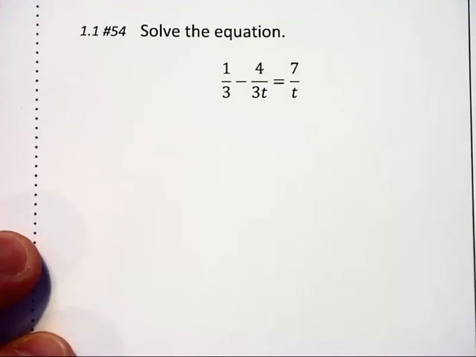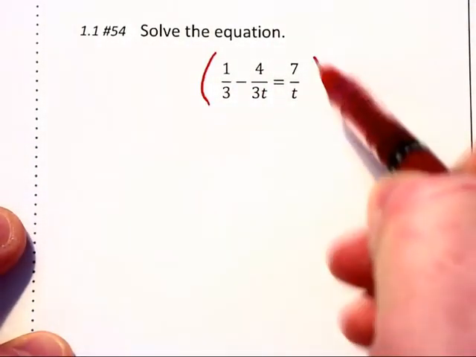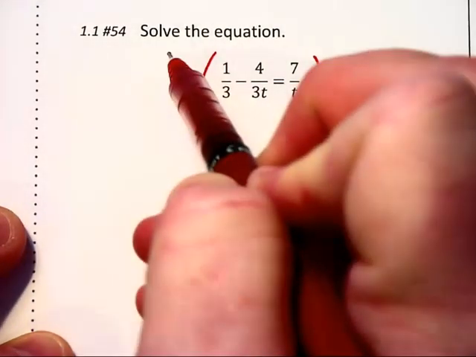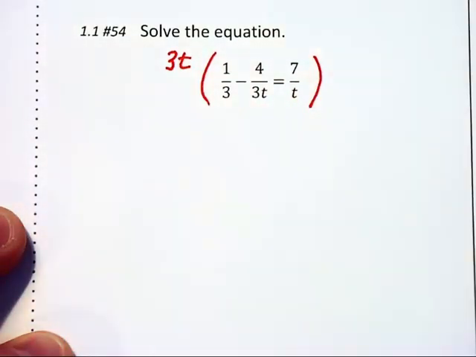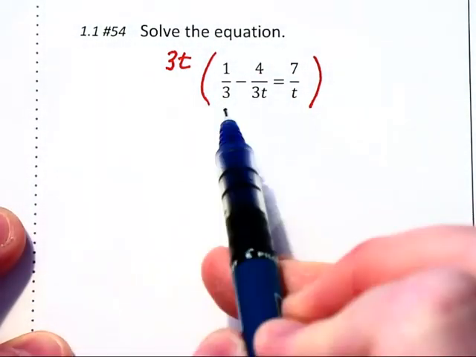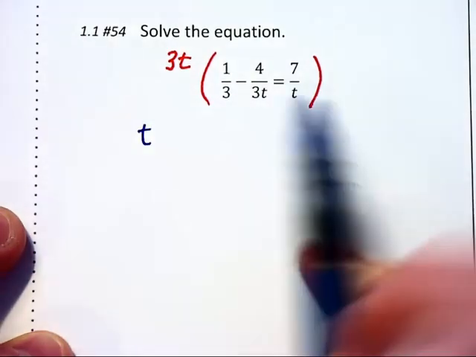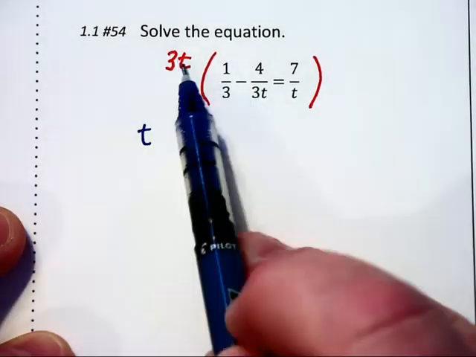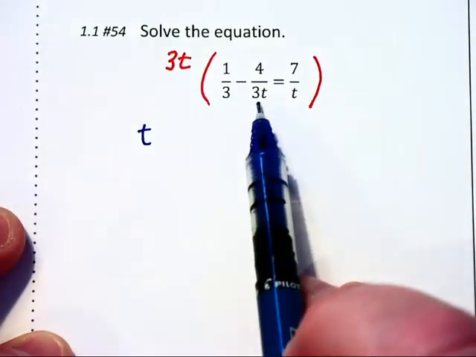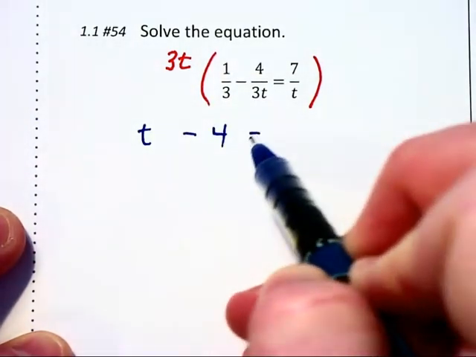Again, we have a rational equation, and we wish to clear the fractions by multiplying through by the least common denominator, which is 3t. In the first fraction on the left, the 3's cancel, so we have t times 1, which is t. In the second fraction, the 3t's cancel altogether, and we're just left with the minus 4 that we see in the middle of the equation.